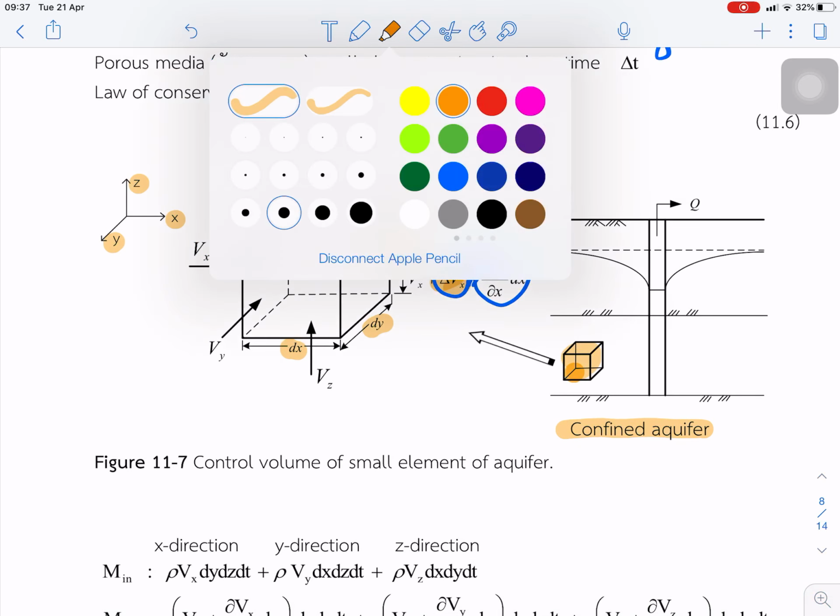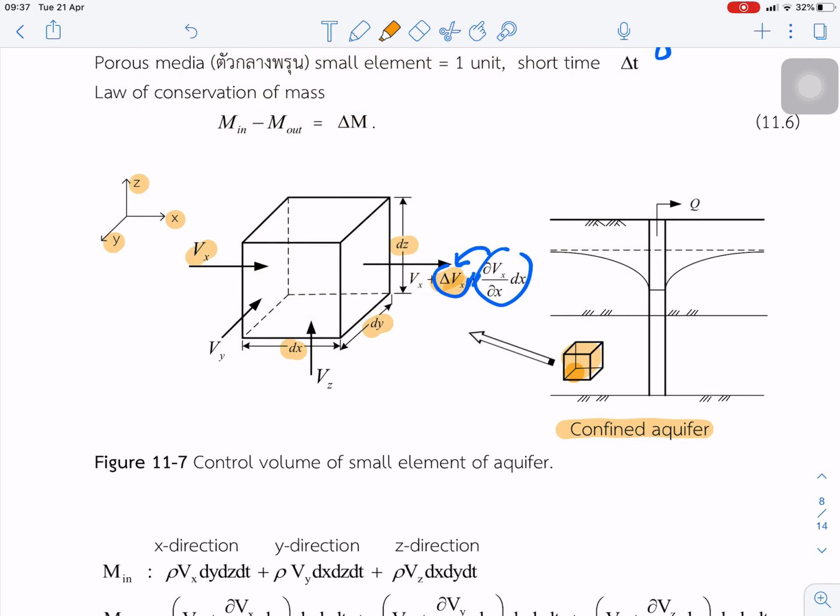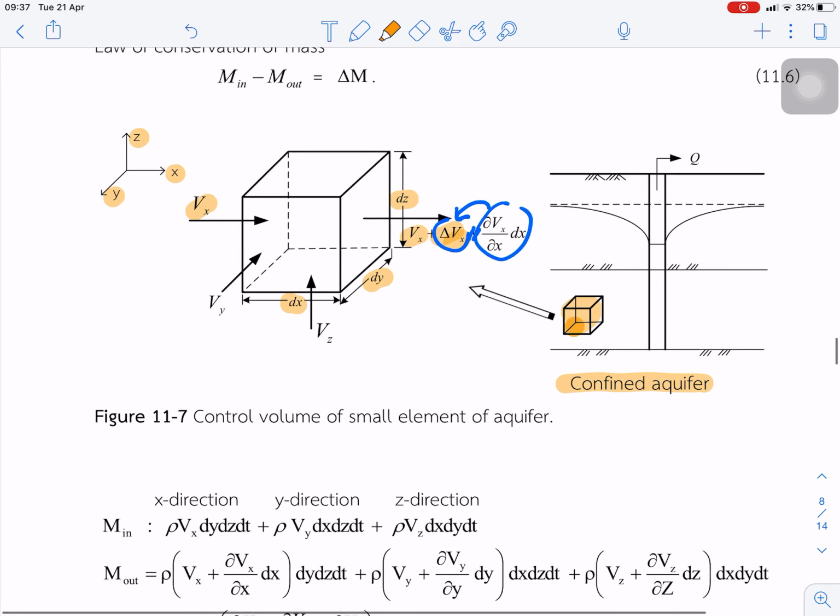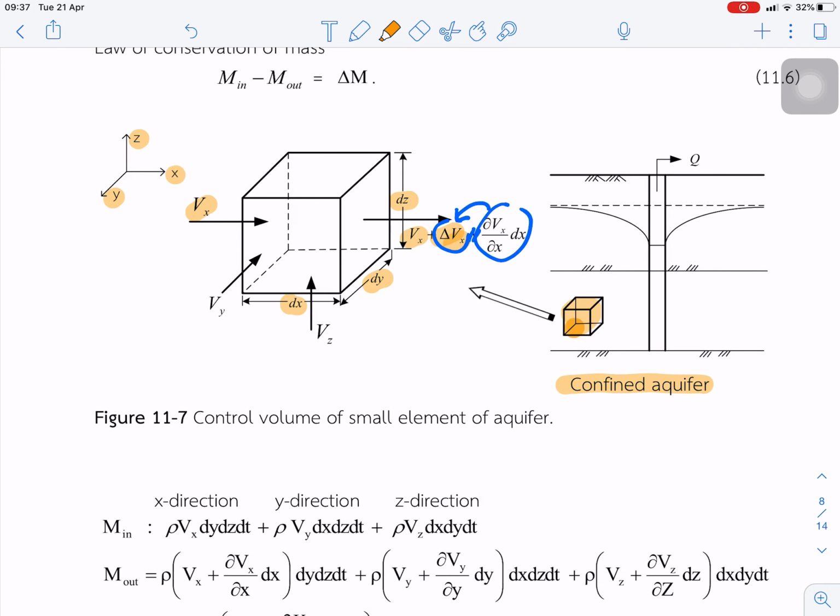So it means the change of the velocity. In this case, we start from qx passing through the x direction, and this q we can substitute with Vx times Ax.